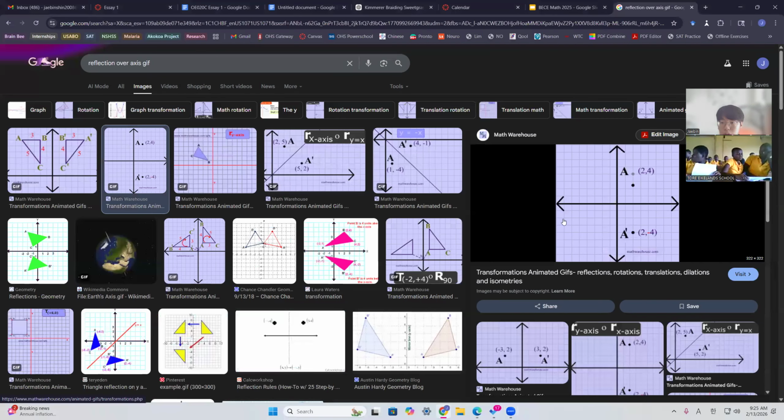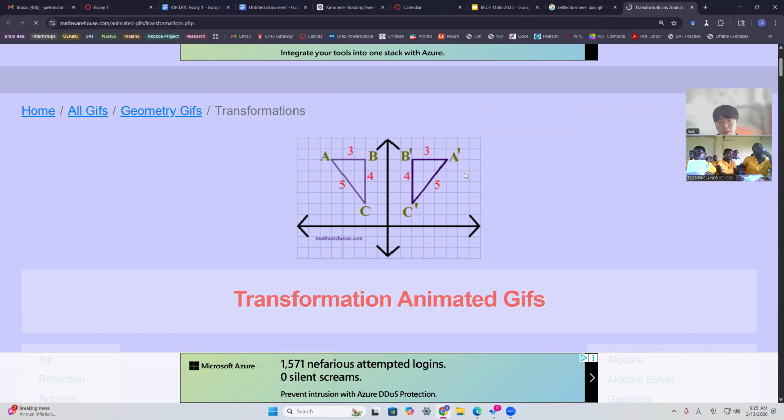You're flipping it over the axis like this, over the y-axis. Although this is a shape, the same applies to just the point that we had before. We're flipping it like this. You can think about it as turning it over.